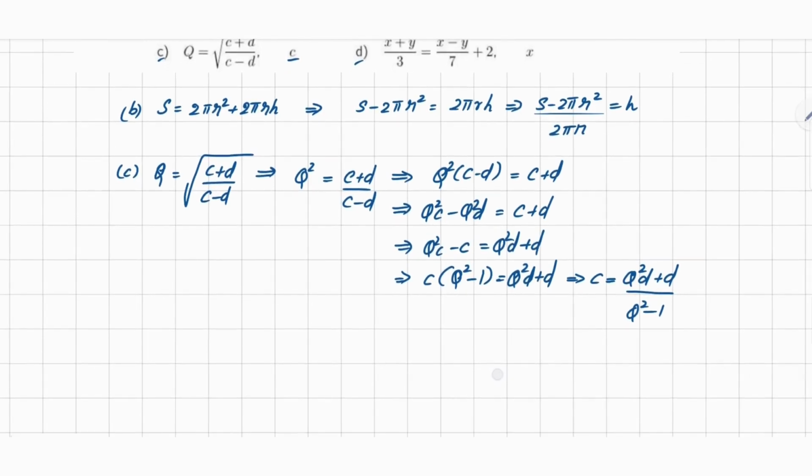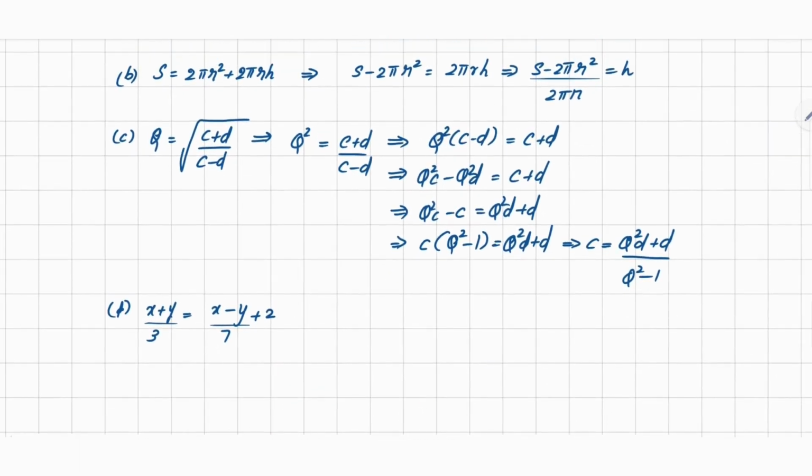For the fourth question, I have x plus y over 3 equals x minus y over 7 plus 2. And I have to make x as a subject of the equation. Here I can split the fraction as so, because it's addition and subtraction.